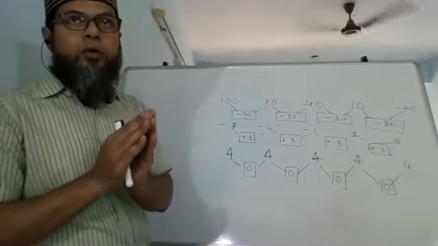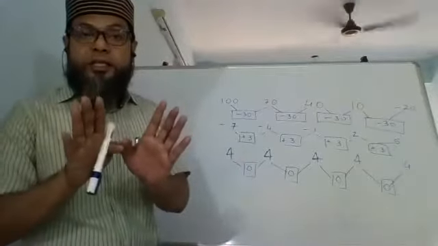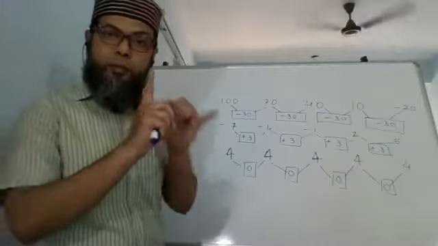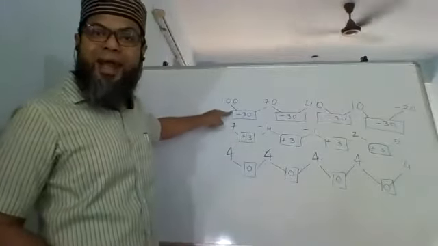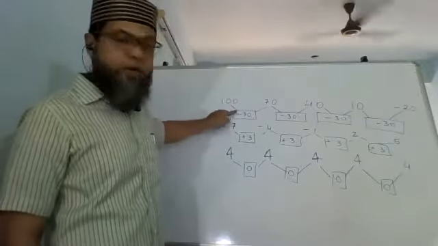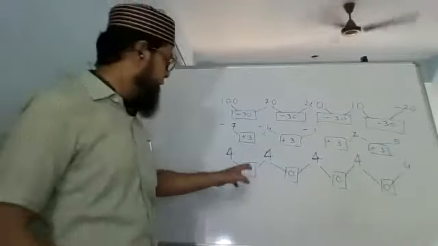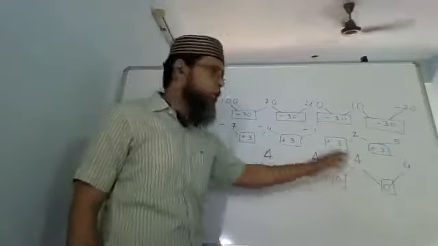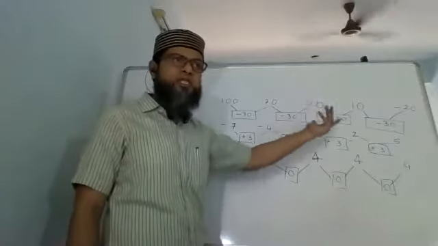Now, let's again understand. The difference has to be constant. It can be positive, it can be negative, it can be zero. That doesn't matter, but it has to be constant. 0, 0, 0, or +3, +3, +3, whatever, +5, +7, whatever.